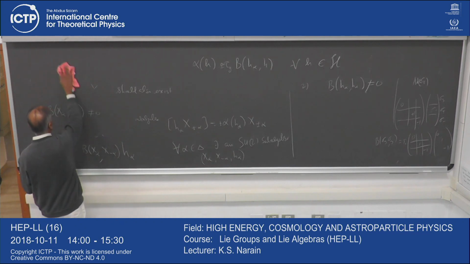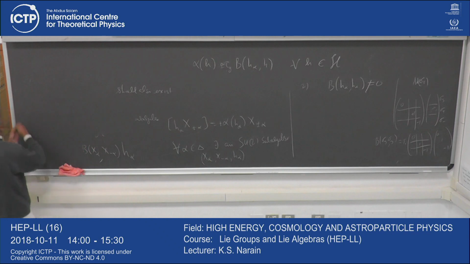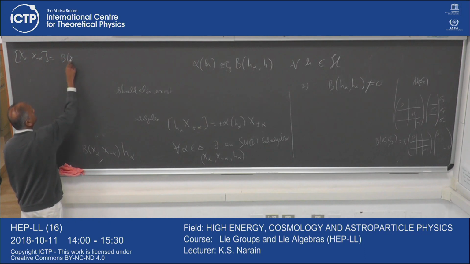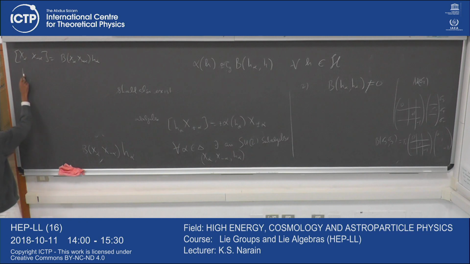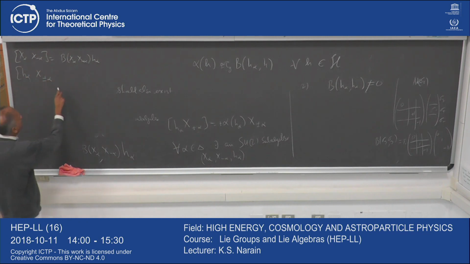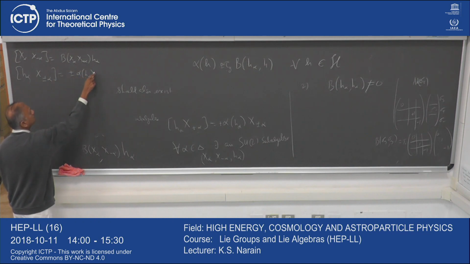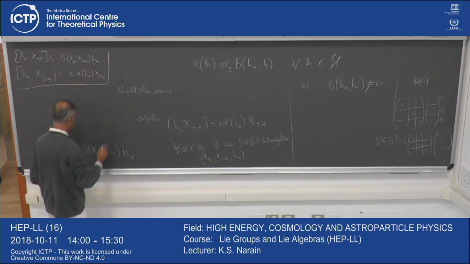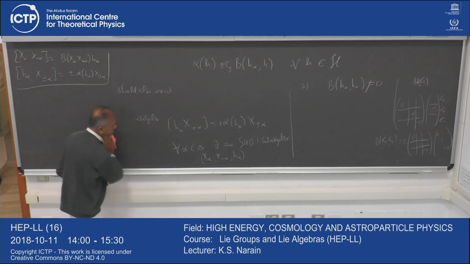I should write down these expressions somewhere. So let's write down: the commutator of x alpha and x minus alpha was some number, which was B of x alpha, x minus alpha times h alpha, and h alpha with x plus minus alpha was equal to plus minus. These were the basic things that we have already obtained.